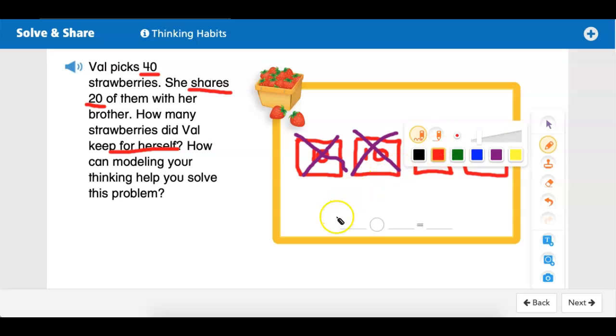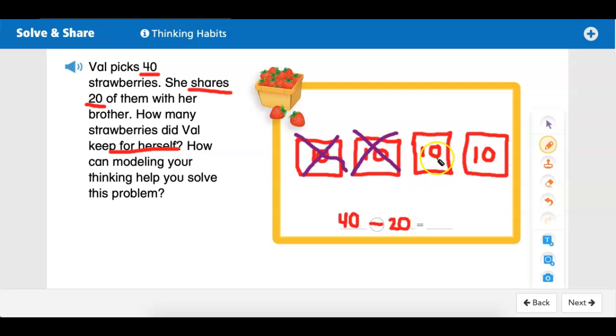To write our equation, we would write the total number of strawberries that Val picked, which was 40. We subtracted 20 that she shared with her brother. And after we did that, Val had 20 strawberries to keep all to herself.